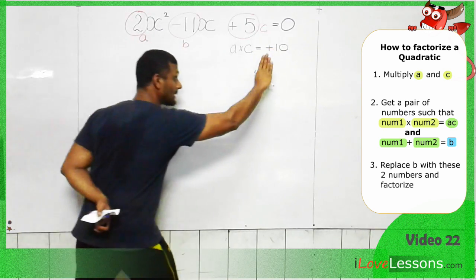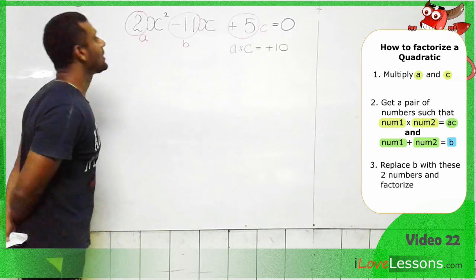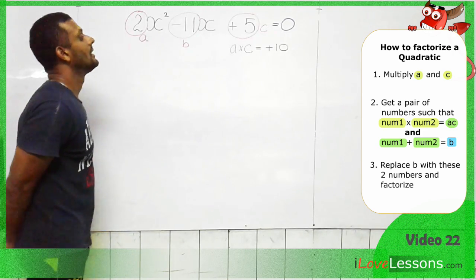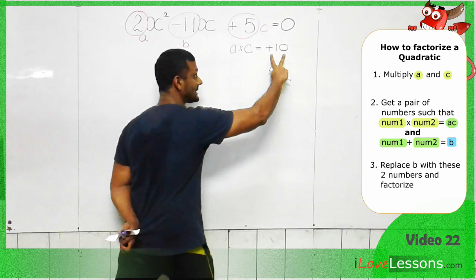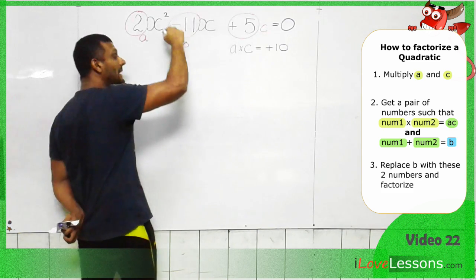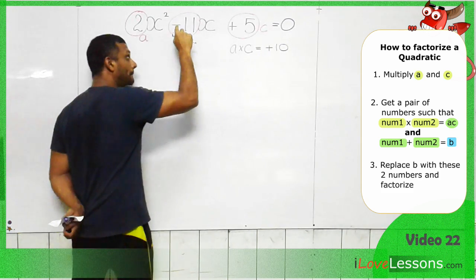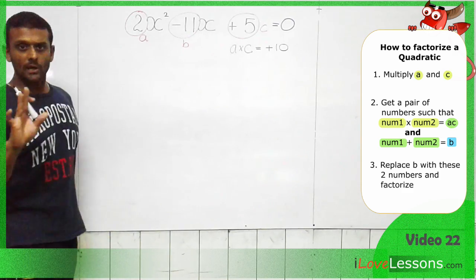Now, it's very important that we pay attention to the signs. So, next in line, we ask ourselves, what two numbers can we multiply to get positive 10, and if we were to add them, we would get the middle number, which is minus 11, which is b? Two things come to mind.